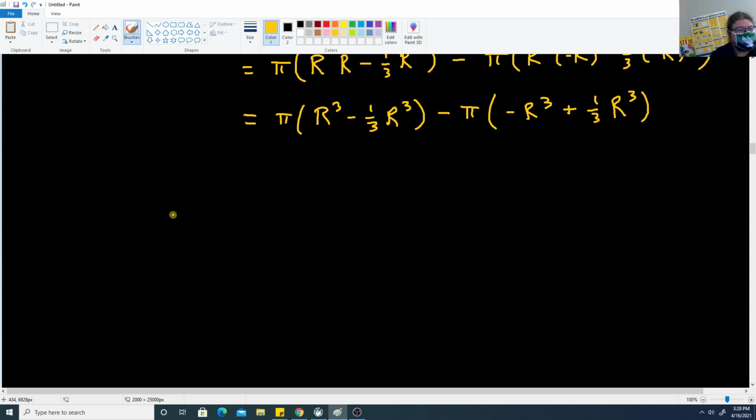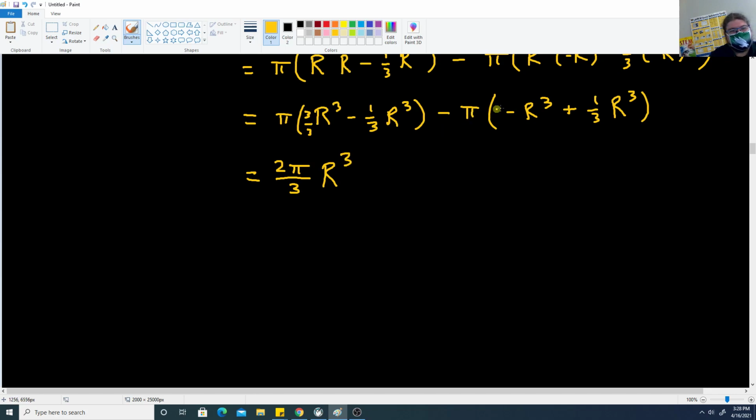So if we think about this, R cubed we could say is 3/3 R cubed. Take away 1/3 R cubed would be 2/3 R cubed times a pi. So this would be 2 pi over 3, it's 2/3 pi R cubed.